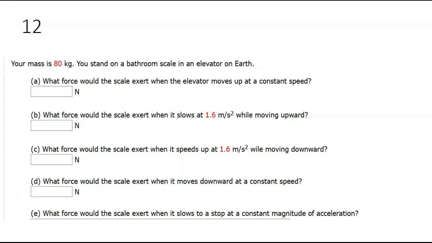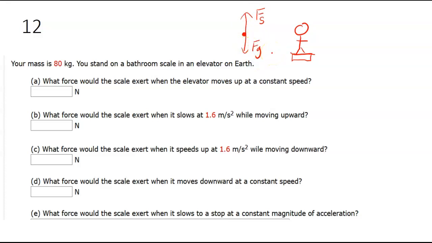All right, the old elevator problem. Standard in really making sure that we understand how to set up net force, mass, and acceleration. So this person is standing on a scale, and so really there's only 2 forces acting on this person, the upward force of the scale and the downward force of gravity.